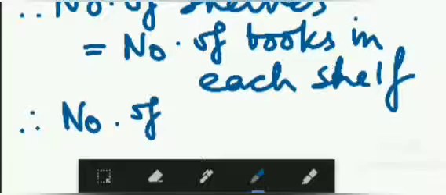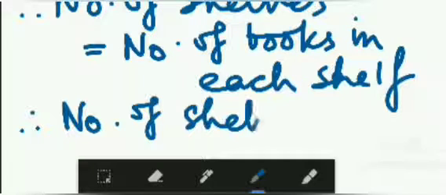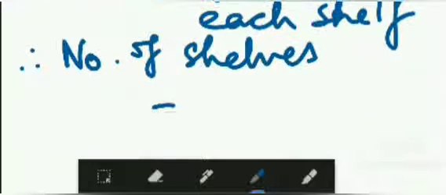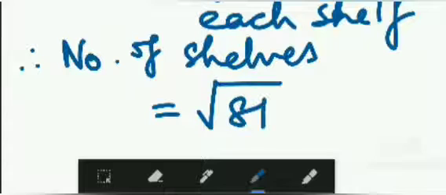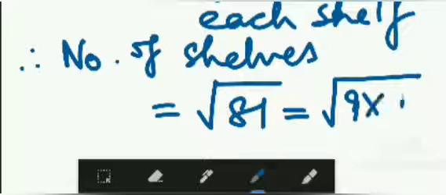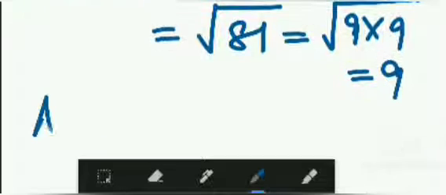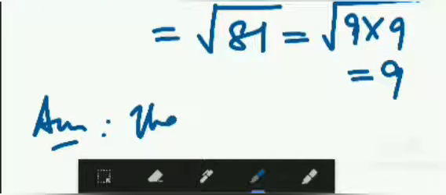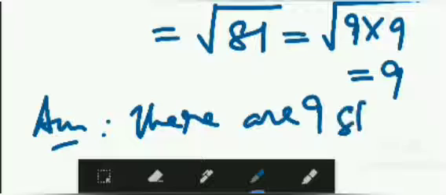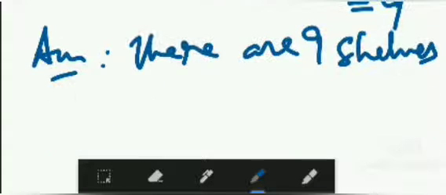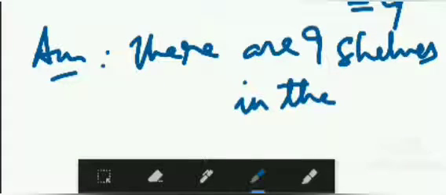Find the number of shelves. So write down number of shelves. Here you have to find the square root of 81, and we all know that 9 nines are 81. So you have to write only one 9, and in the answer you have to write there are 9 shelves in the almirah.